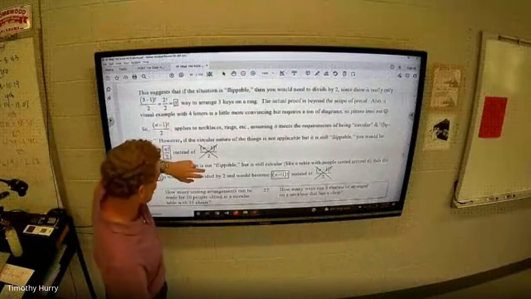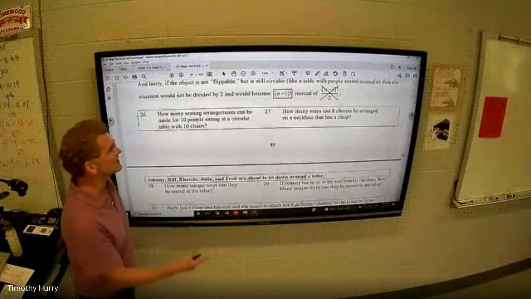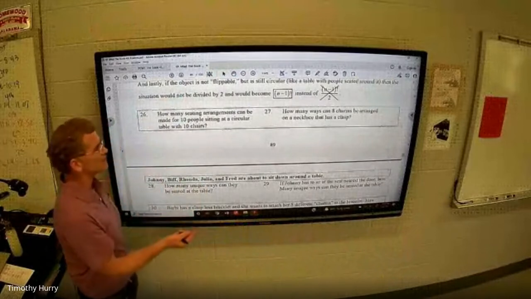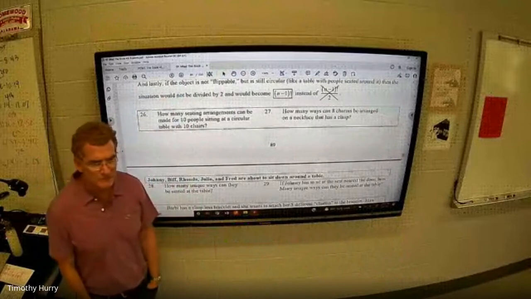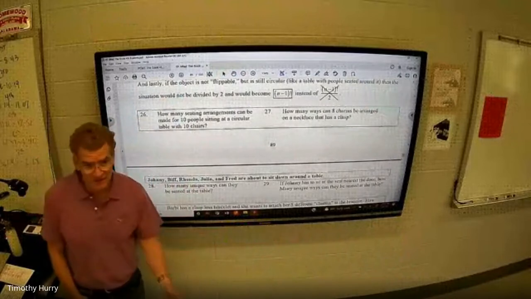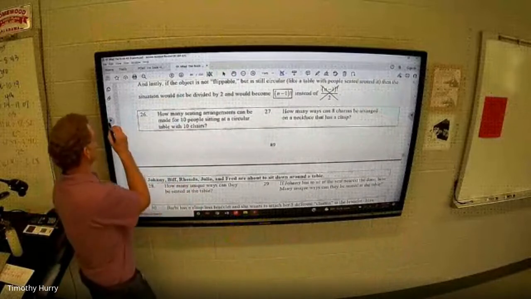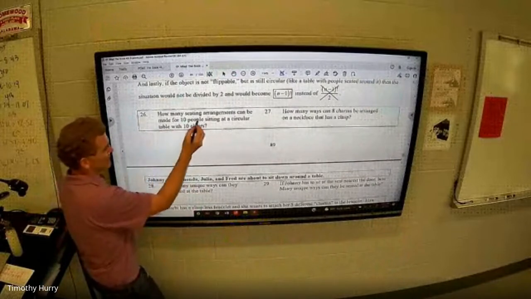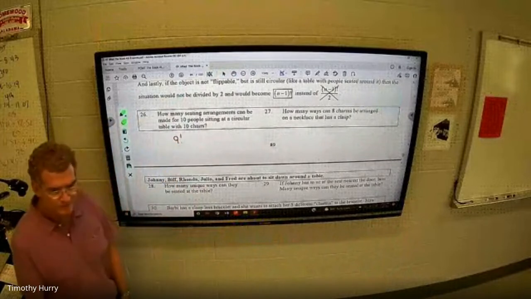Like, what if I gave you a couple of examples right here. How many seating arrangements can be made for 10 people sitting at a circular table with 10 chairs? Does it sound like anything is impeding the circularity? No. So you would say, well, 10 people and 10 chairs, I'm going to go 10 minus 1, which is 9 factorial. Call it a day.